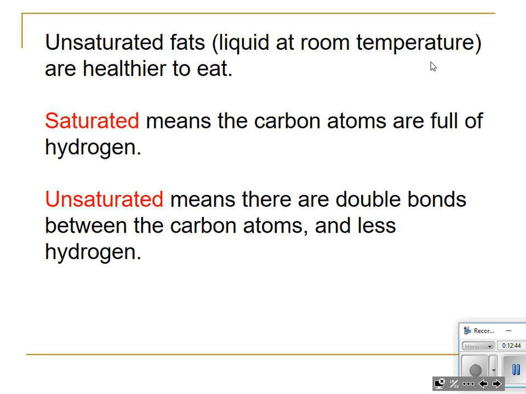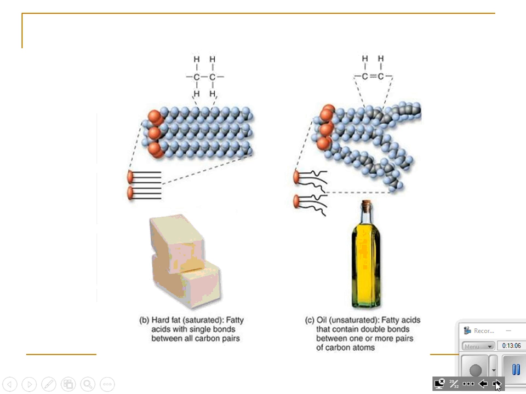Saturated means that the carbon atoms are full of hydrogen. Unsaturated means that there is a double bond. If you look at right here, this is a saturated fat. See how all of those tails are straight lines?